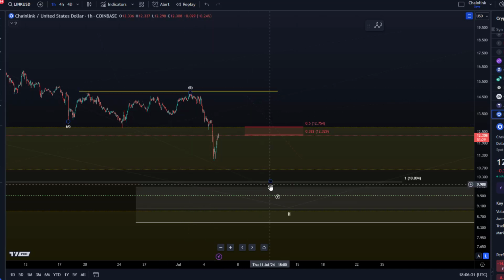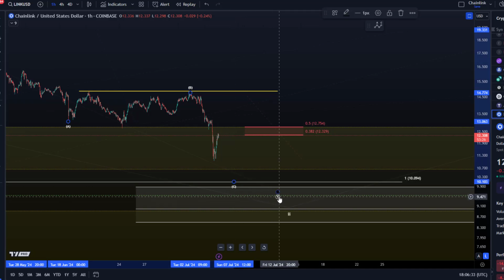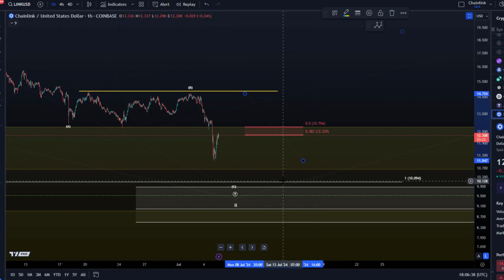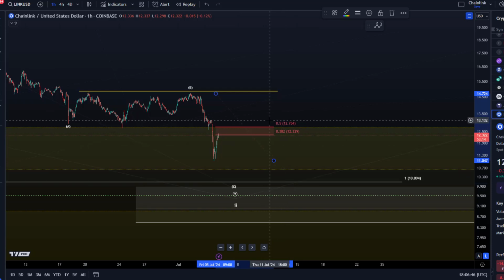If we're now in the C wave down, we would expect it to go a little bit lower, maybe one more low, possibly targeting that $10 mark. The initial resistance is between $12.32 and then $12.75. That's the area where the price should get rejected if we get further downside imminently.